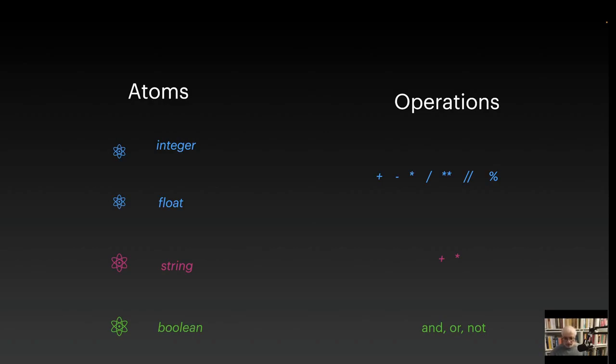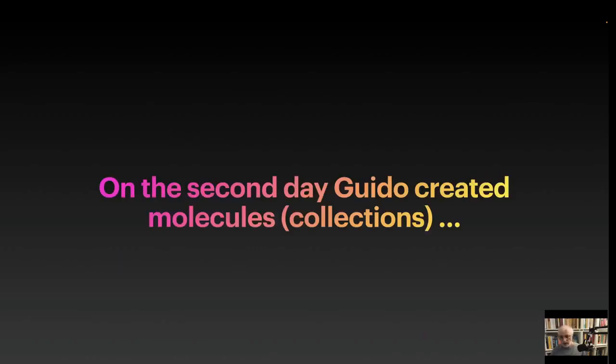And I've listed on the right-hand side examples of operations that you can perform on these data objects. So you should really become familiar with these fundamental operations that you can perform on the primitive data.